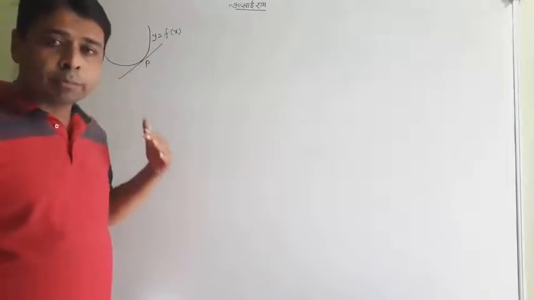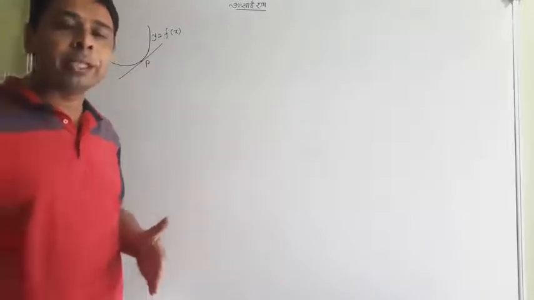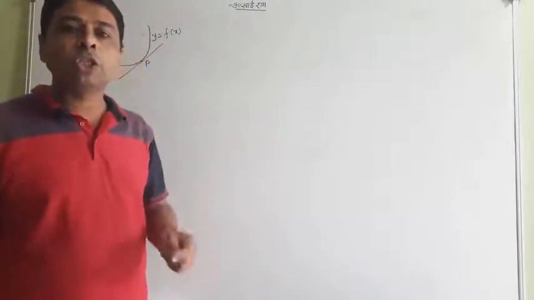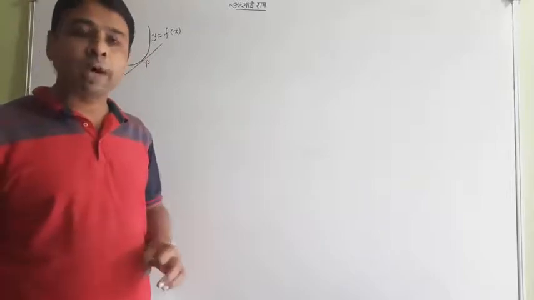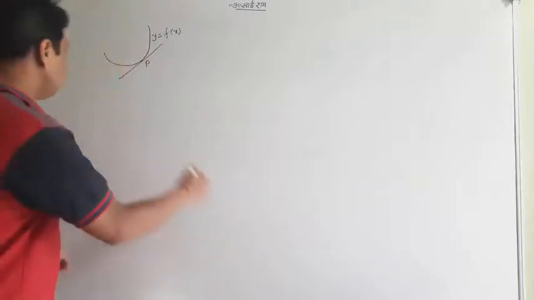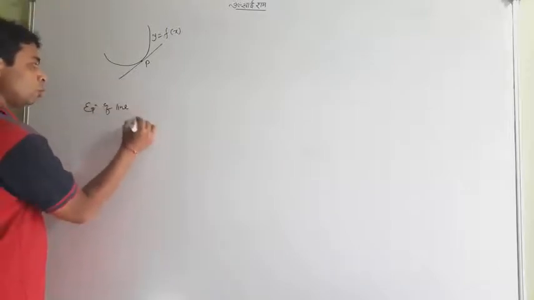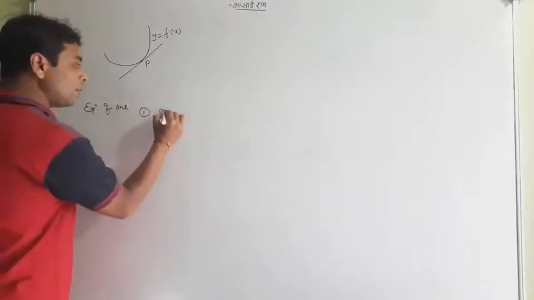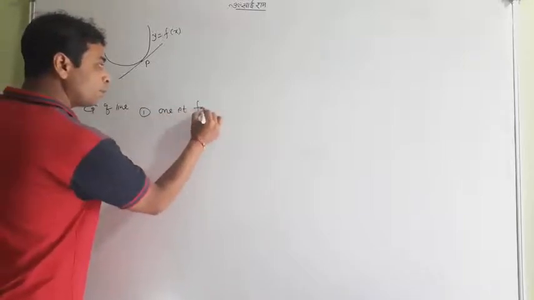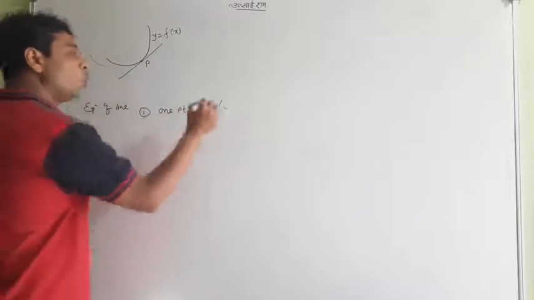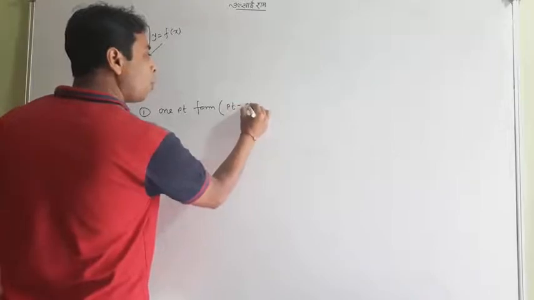Before starting more questions, I want to familiarize you with some concepts which you have already studied in class 11. We study here the equation of a line. First I'll say the one point form. One point form can also be called point slope form.